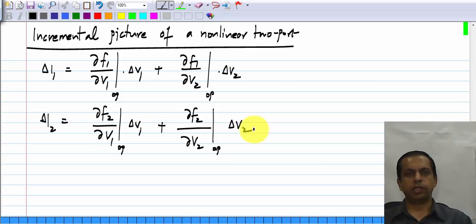So, delta I1 is a linear combination of delta V1 and delta V2. Delta I2 is also a linear combination of delta V1 and delta V2.